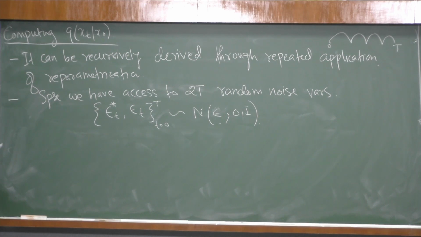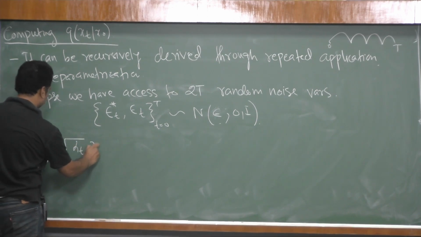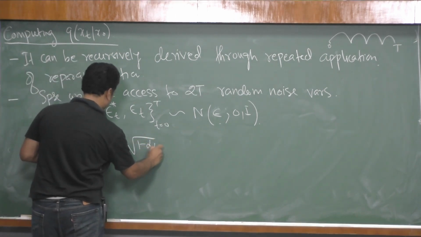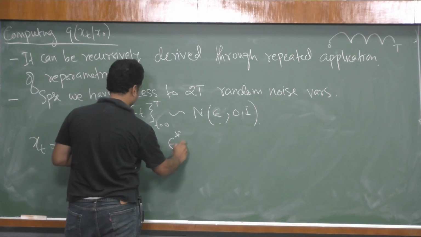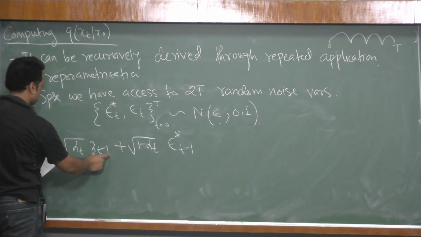So now let us work out this. Let us start with this xt. We already know how xt comes from xt minus 1, and we will keep doing this recursively. We know that xt is square root of alpha t xt minus 1 plus square root of 1 minus alpha t epsilon star t minus 1, and we can apply this recursively. So now I can do the same thing for xt minus 1.